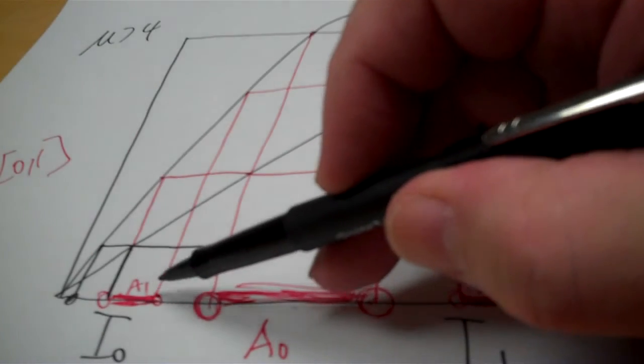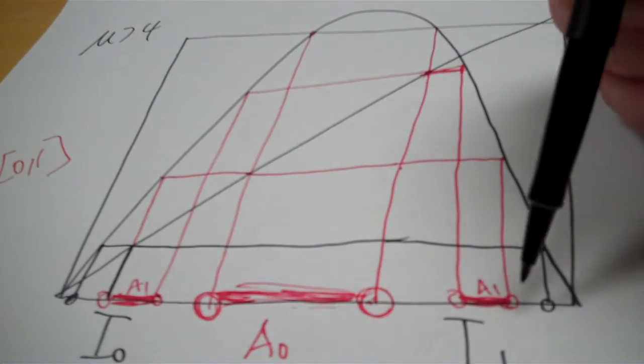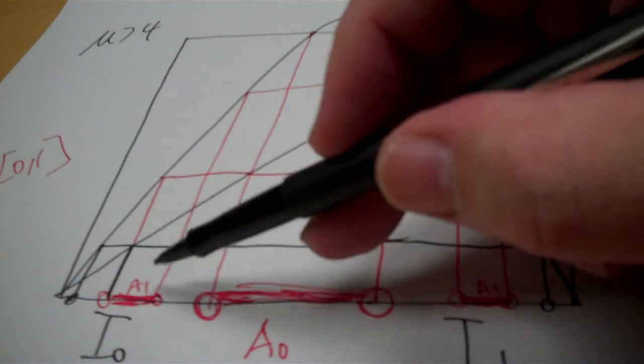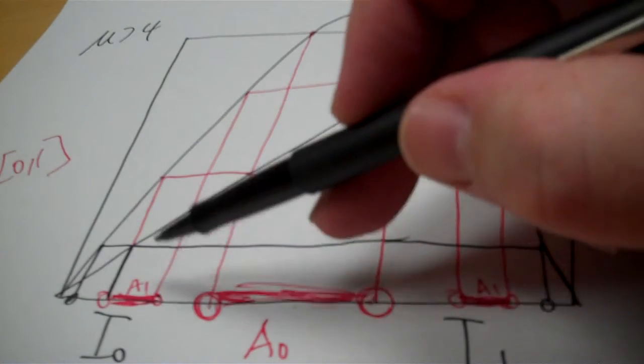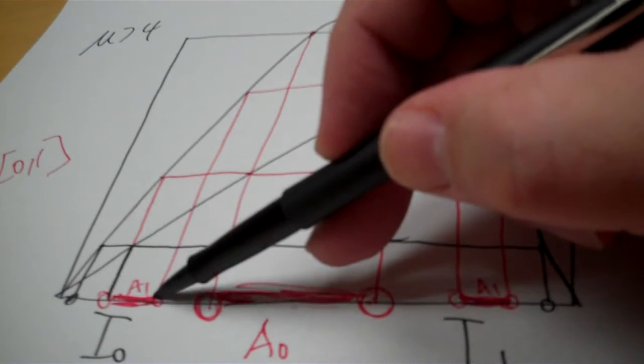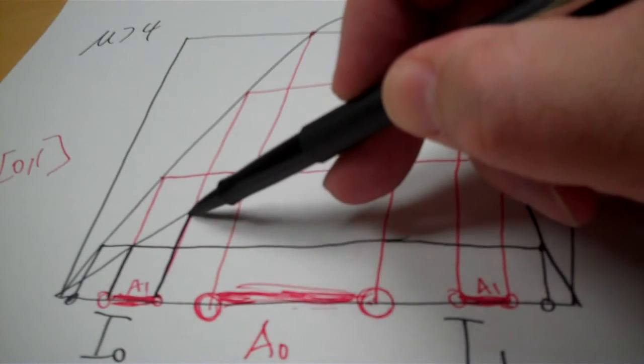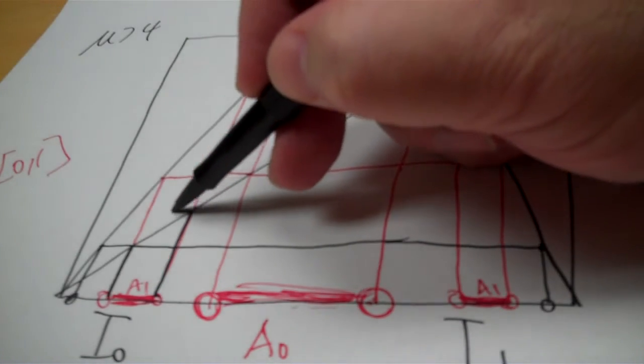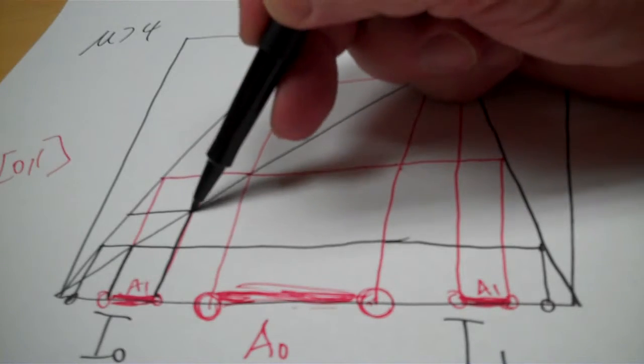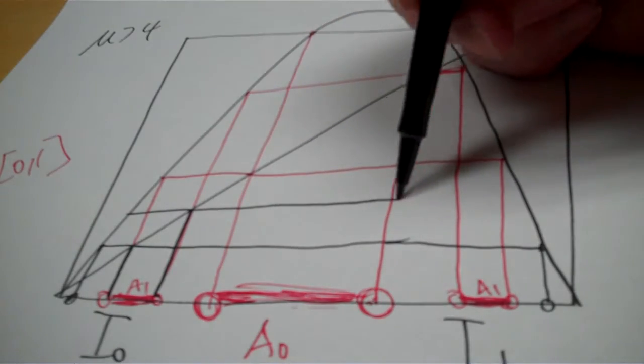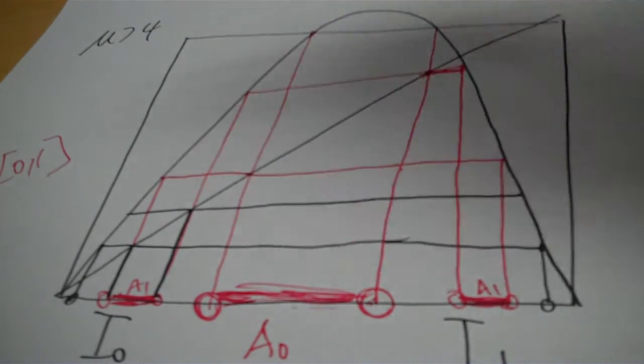Now if we look at the other edge of this piece of A1, remember there are two pieces of A1, and remember we're doing it backwards because we're trying to find pre-images, we go vertically to the line and horizontally to the curve. Horizontally to the curve has two answers.